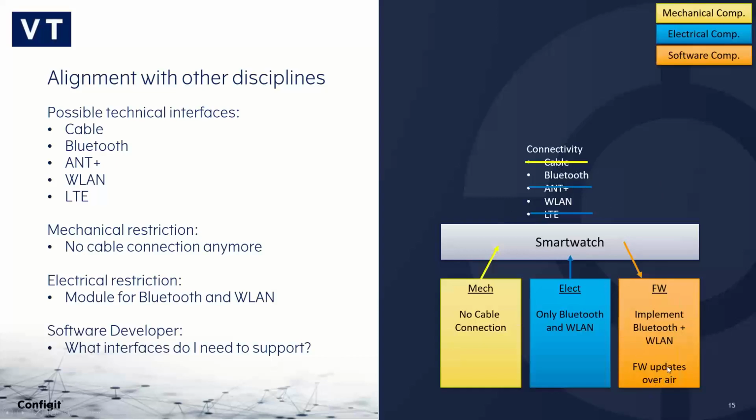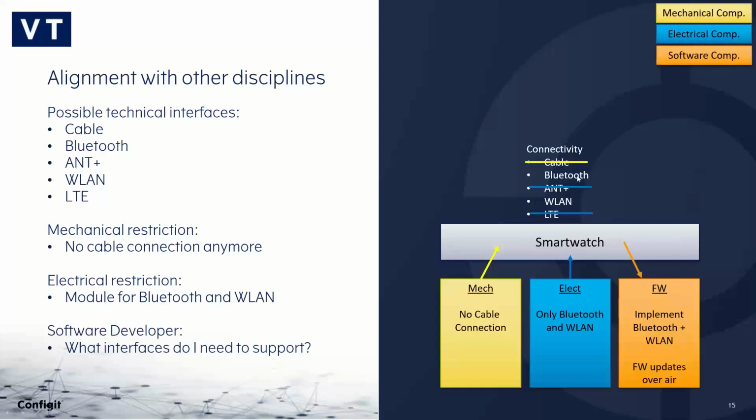That means we need to support firmware updates over the air. So that way, these different disciplines can communicate and exchange via the product model by just adding all the constraints they found and reading from it when they need some information. And this information can also be used for simulations: what are the possible combinations available that you would need to simulate and test in some prototyping.